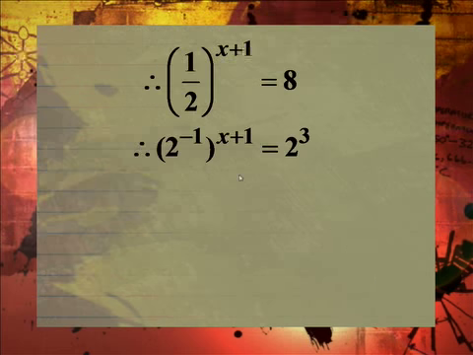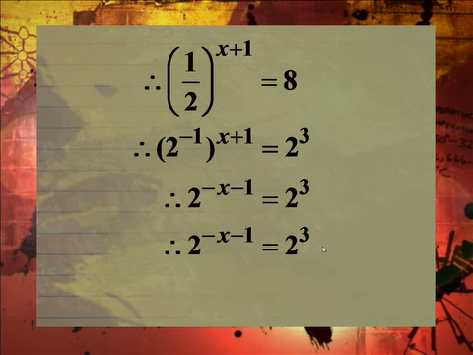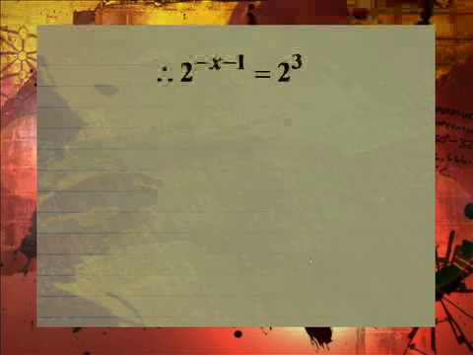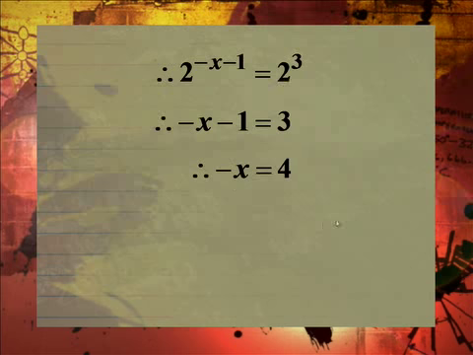We can say a half is 2 to the negative 1, and then of course we can multiply these: minus 1 times x. And 8 is 2 cubed, and the base is the same. Drop the bases. Very easily, the minus 1 goes across and becomes 4, and there we go. Now, that's quite nice.